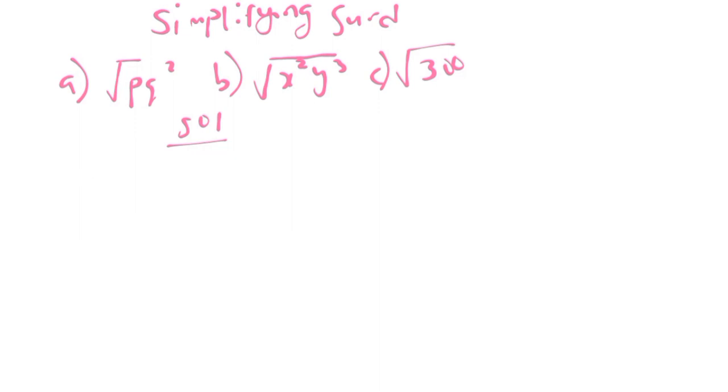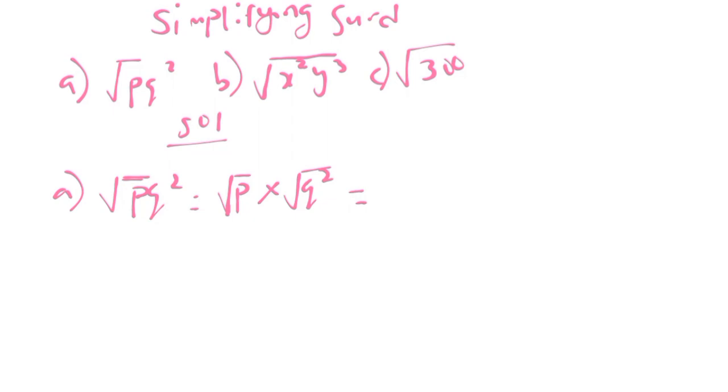Let me write it as (a). You have the first one here, which is the square root of pq squared. To simplify this, you take the square root of both of them separately. That is root p times root q squared.